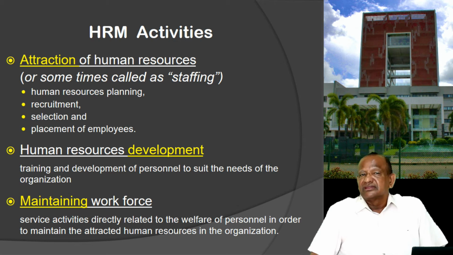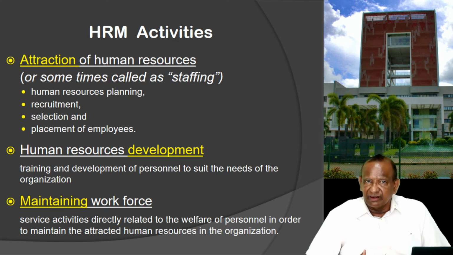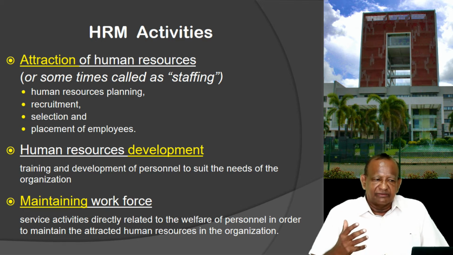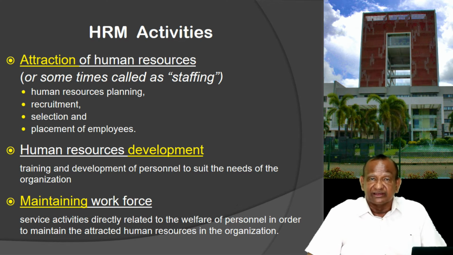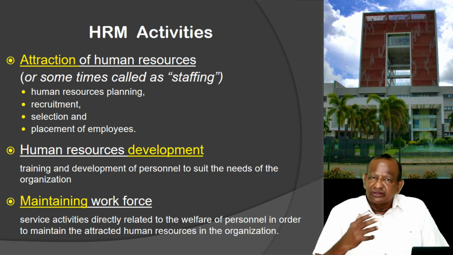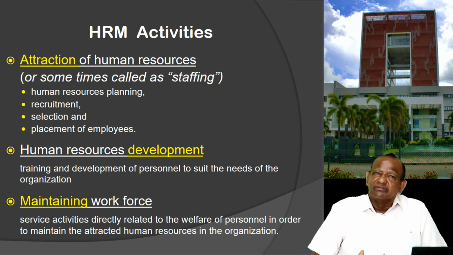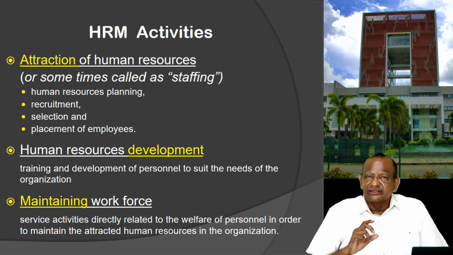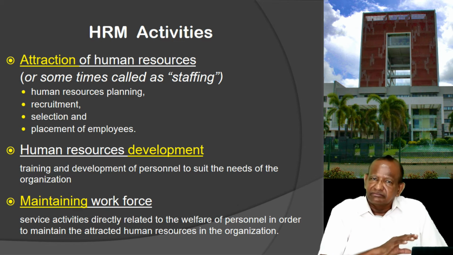The third one, which I personally think is one of the most important: you can recruit people, you can develop them, but how do you keep them in? Number one is salaries. Pay them a good salary, good money, a good compensation for their work. That is part of the maintenance of the workforce. But on top of that, give all the other facilities and try to keep them in your organization. To do that, you have to do management.